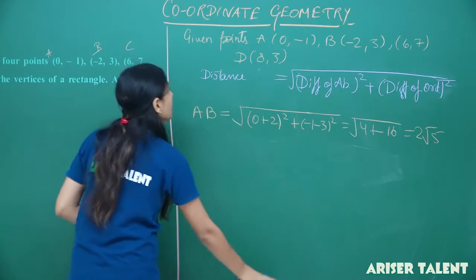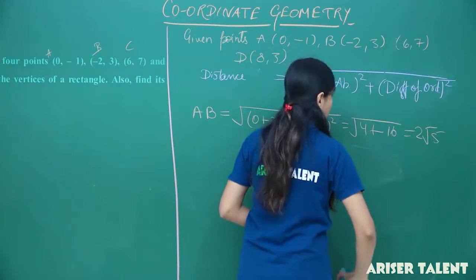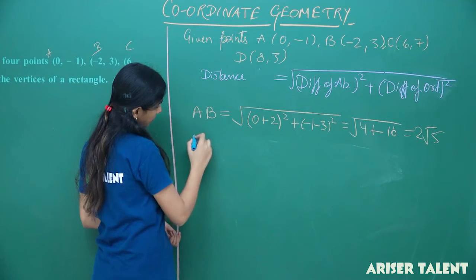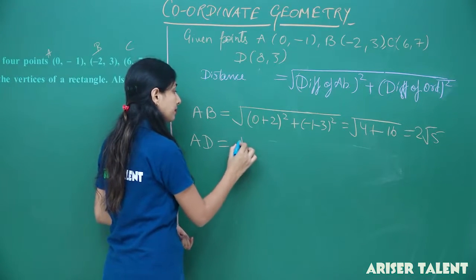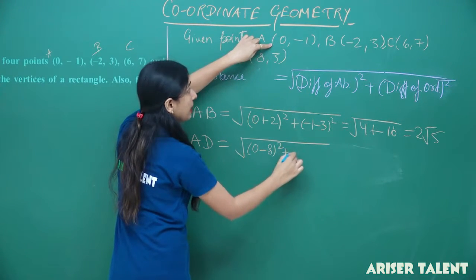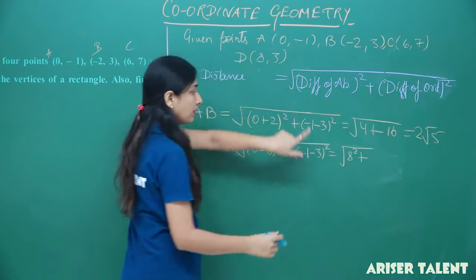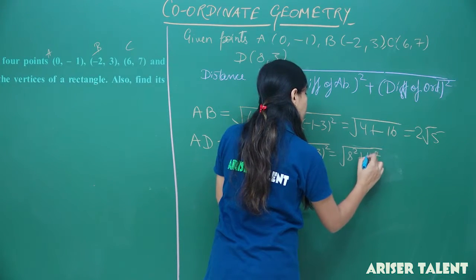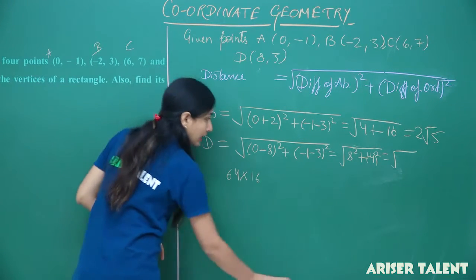Okay, this is one. Now if I talk about AD, A and D: 0 minus 8 squared plus minus 1 minus 3 squared, that will be 8 squared plus minus 4 squared, which is 16. 8 8s are 64 and 4 4s are 16, sorry it's a plus here.